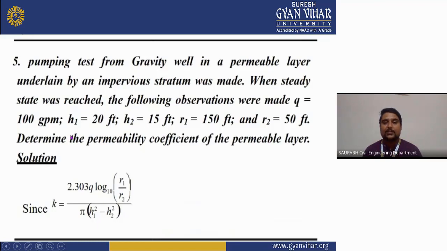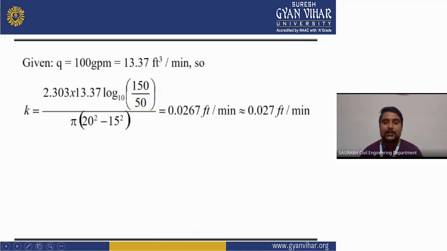Here it is asking to determine the coefficient of permeability of the permeable layer. Which soil we are using is already permeable, so you need to find the coefficient of permeability of this soil. Now by using this formula, you can easily find the permeability of the layer.